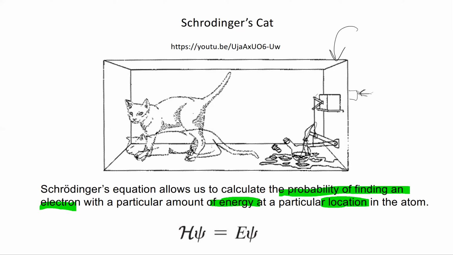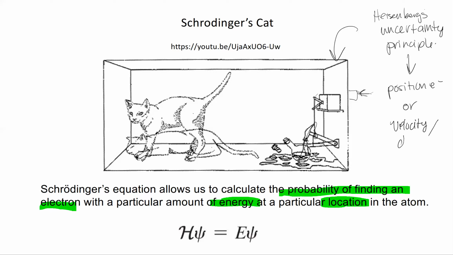Now, this oftentimes gets mixed up with Heisenberg's uncertainty principle. What that is actually talking about is the fact that electrons are so small. Going back to that, and we'll talk about this more in class, if you try to determine the position of an electron, you will not be able to determine its velocity or its direction or its path.